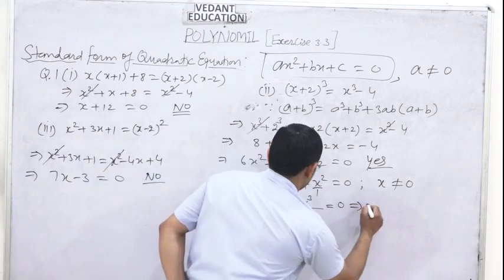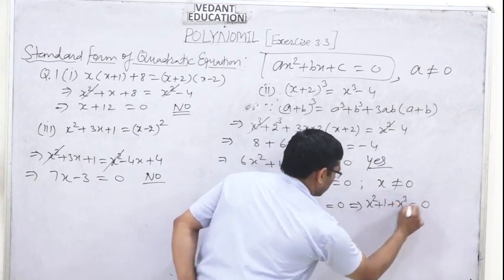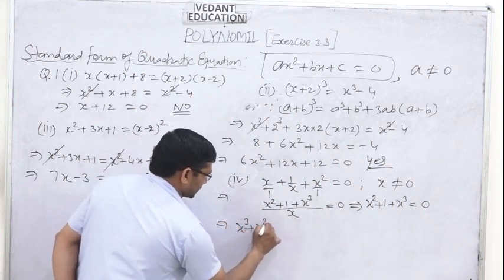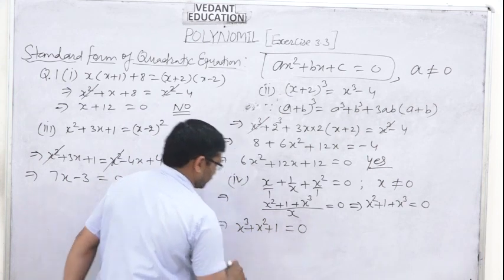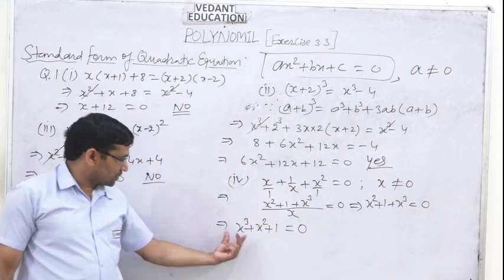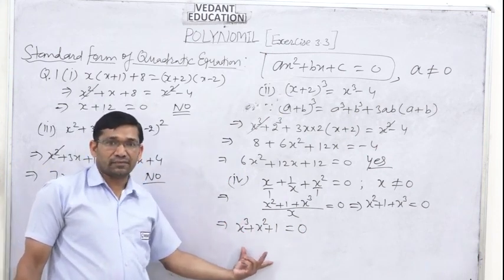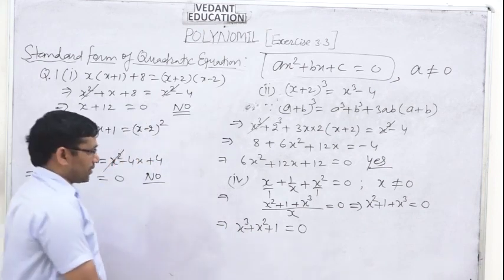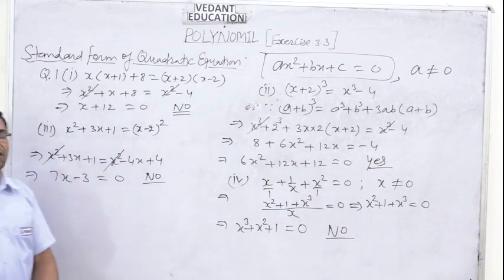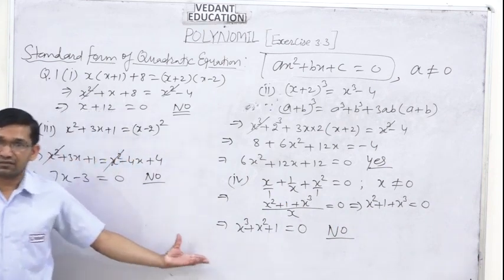By cross multiplying, we get x cube plus x square plus 1 is equal to 0. The degree of this equation is 3 because the highest power of the variable is 3. Degree 3 means this is not a quadratic equation. So question number first is completed.